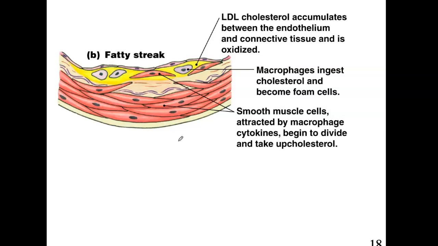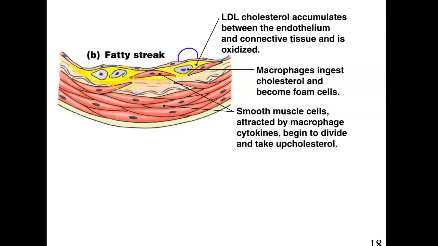And you could then progress towards something called a fatty streak. In a fatty streak, look at this yellow accumulating here. That is low density lipoprotein cholesterol, accumulating between the endothelium. I'm pulling it under the endothelium and the connective tissue, and it's oxidized.